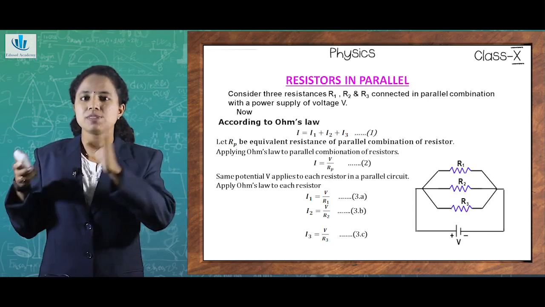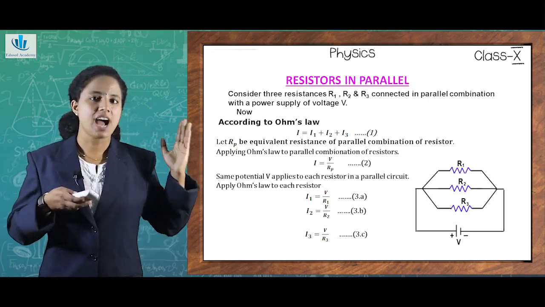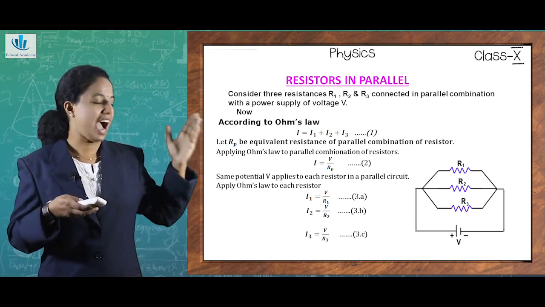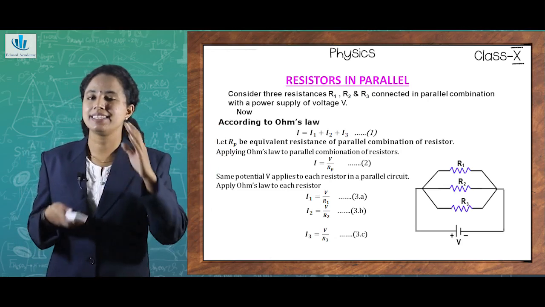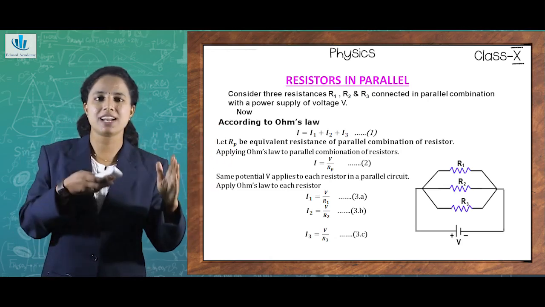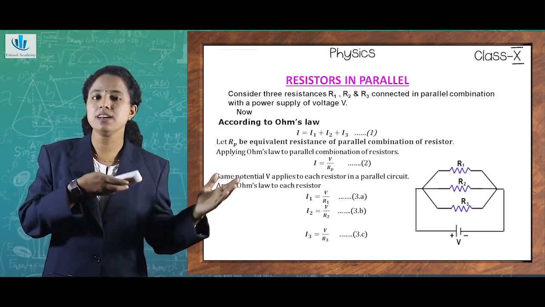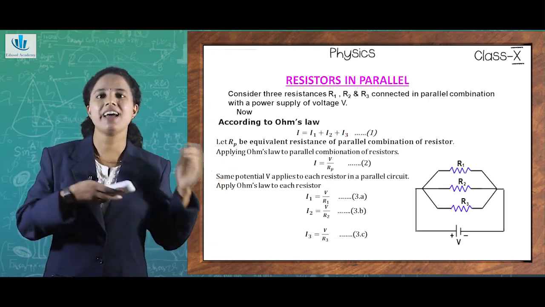That is just opposite to that of resistors in series. So I can write I as I1 plus I2 plus I3. I1 is the current through the first resistor R1, I2 is the current through the resistor R2 and I3 is the current through the resistor R3.